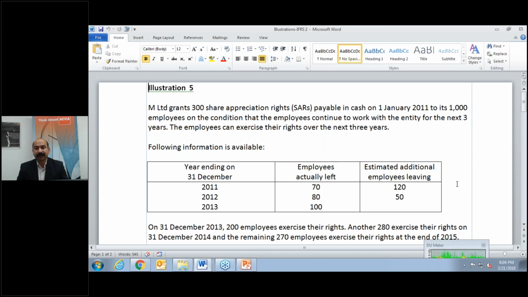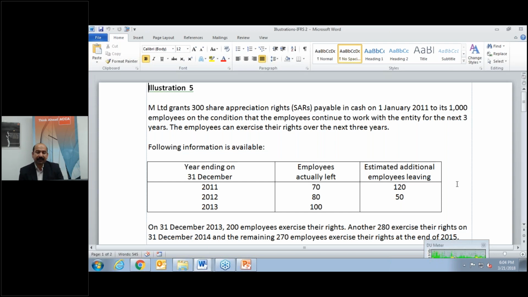And at the end of that year, it is estimated that further 50 employees will leave. And then in 2013, 100 employees actually left. On 31st December 2013, 200 employees exercised their rights. Another 280 exercised their rights on 31st December 2014, and the remaining 270 employees exercised their rights at the end of 2015.